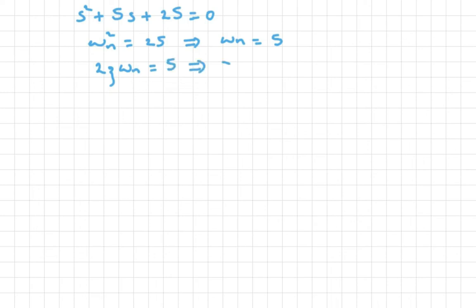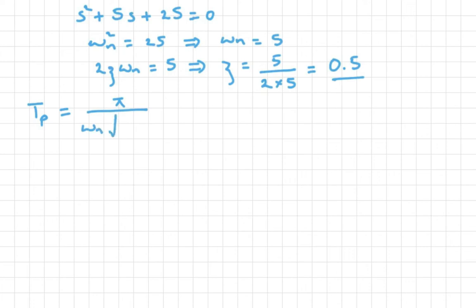And from here we can find zeta to be equal to 5 over 2 times 5, and this will give us 0.5. So this is our zeta, and this is our omega n, the natural frequency. And from here is smooth sailing. The peak time is given by the equation pi over omega n square root of 1 minus zeta squared.